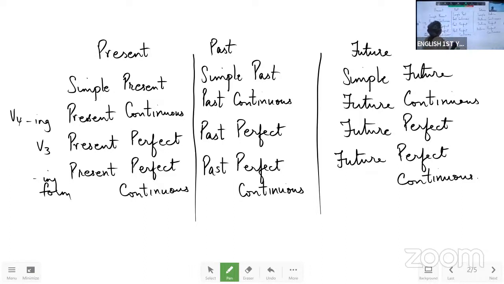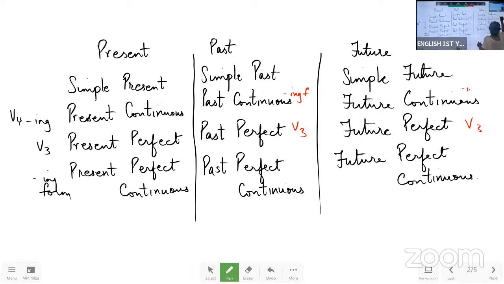Past tense, where simple past is an action that has been completed. Past continuous, an action that has started in the past and is still continuing. Remember, continuous is always ing form, and perfect is always V3.